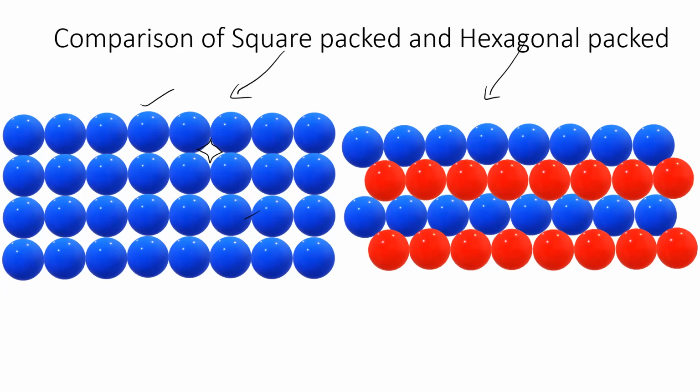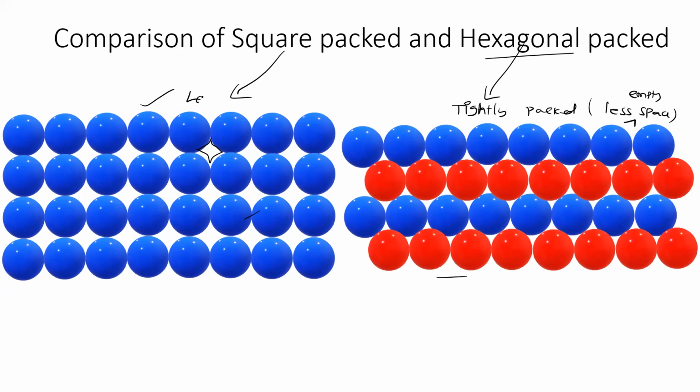are tightly packed. In a staggered manner, they are tightly packed with each other. This is what is taken as hexagonal close packing. When compared to these two, hexagonal close packing is tightly packed, with less empty space.